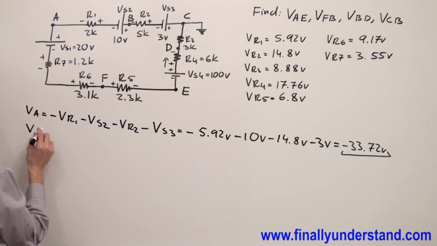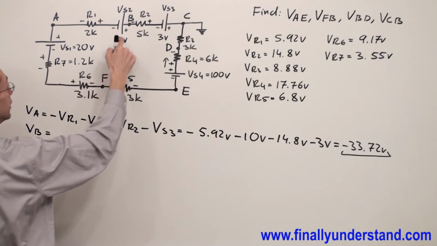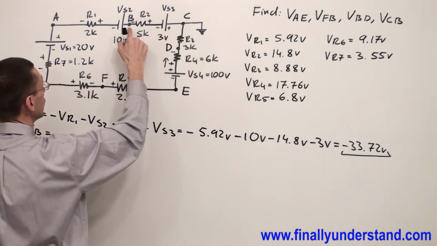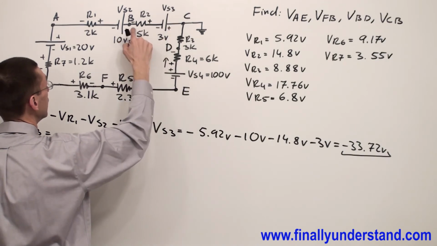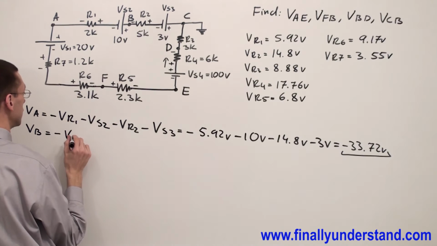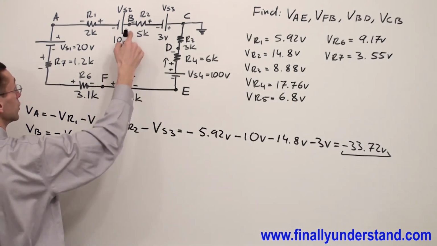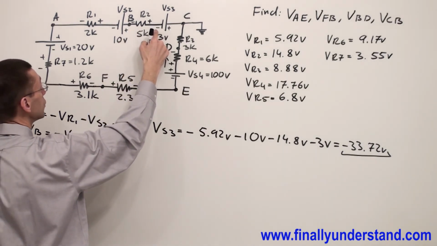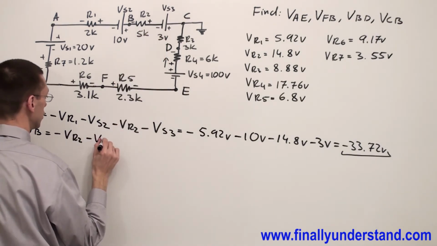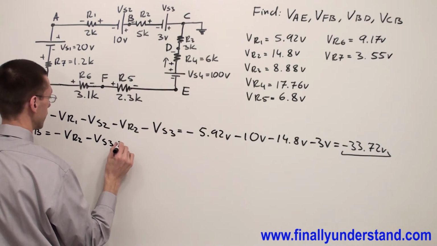Next I have to find VB, the voltage between point B and point C. I'm going from point B to C. I'm seeing first negative VR2, the voltage across this resistor, minus, because I have a negative sign over here, voltage source 3.